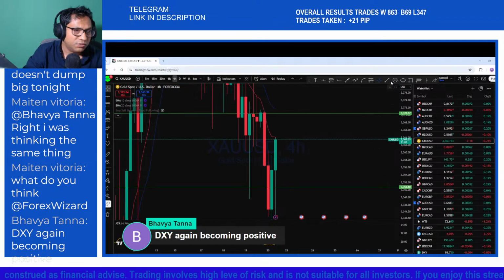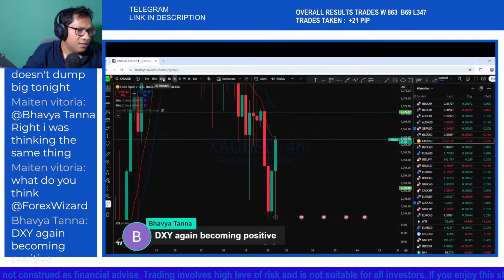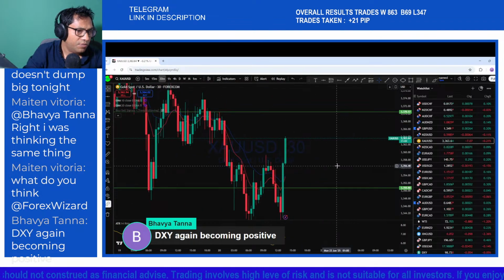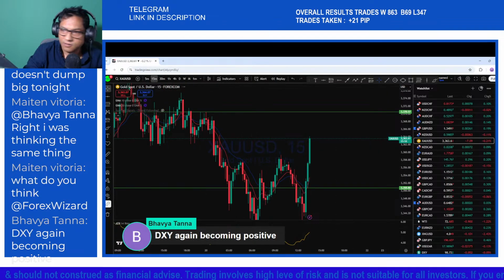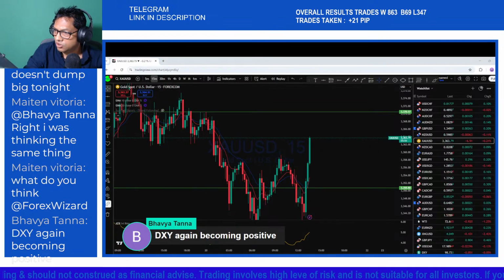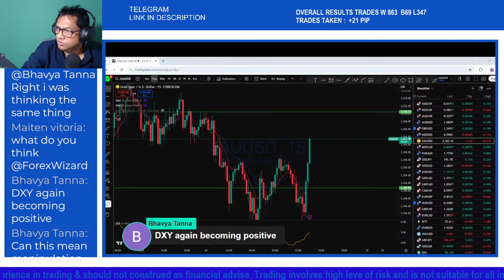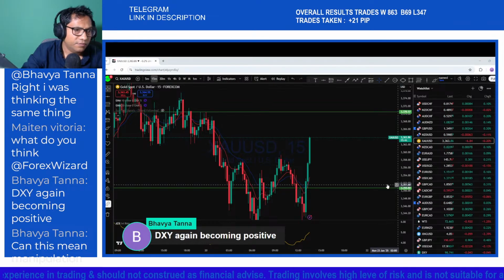So that bounce might take the price to this level here, because it's a rejection of the lower price, and that rejection of the lower price might take the price back to the upside again. You can see the market is hitting that level.